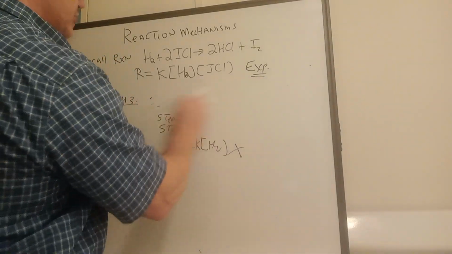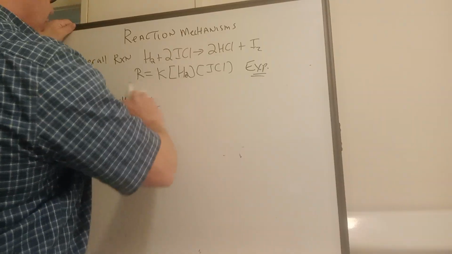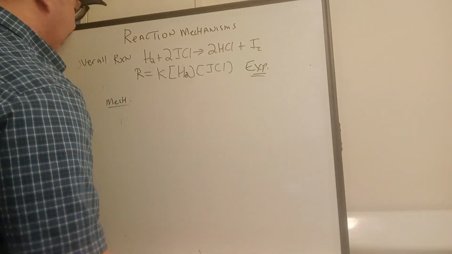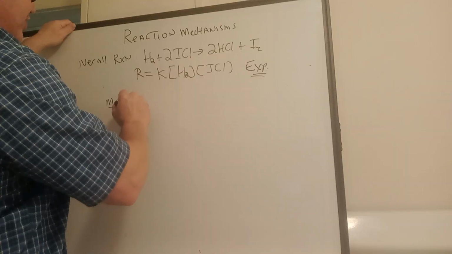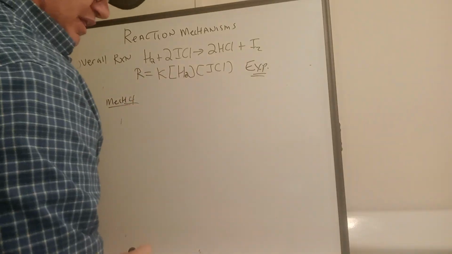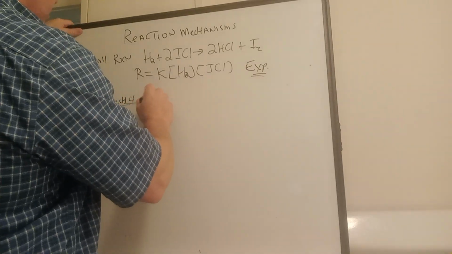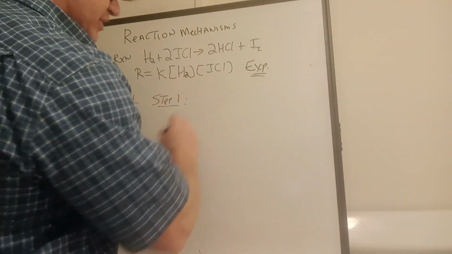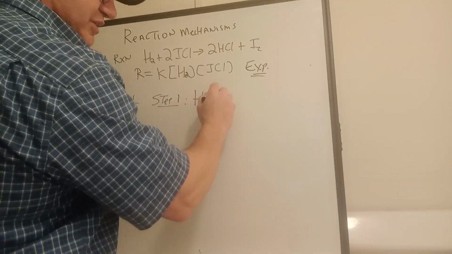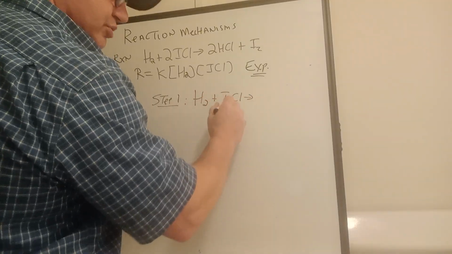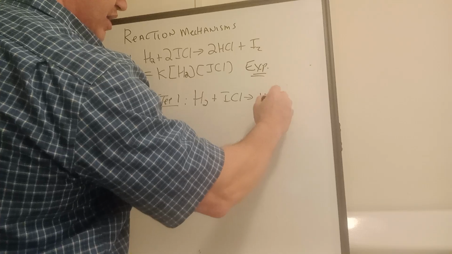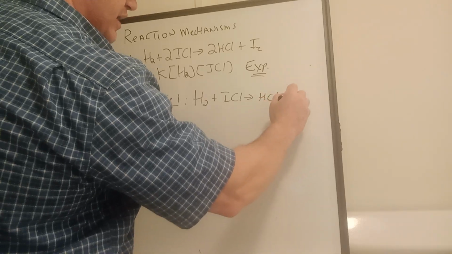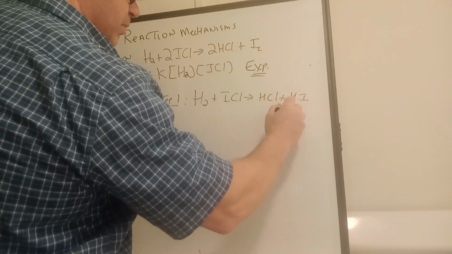So let's do the last one. Hint, it'd probably be a good teaching method for me to have one of the mechanisms be correct. So in the final mechanism, step 1 looks like H2 plus ICl goes to HCl plus HI, and that's slow.